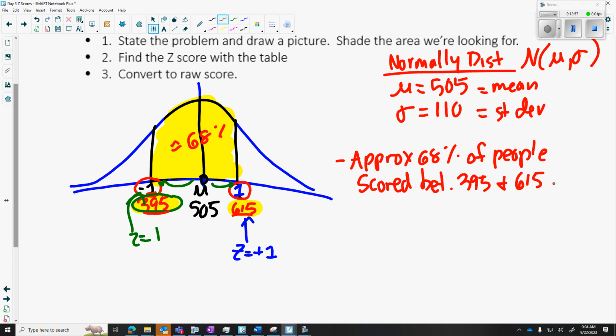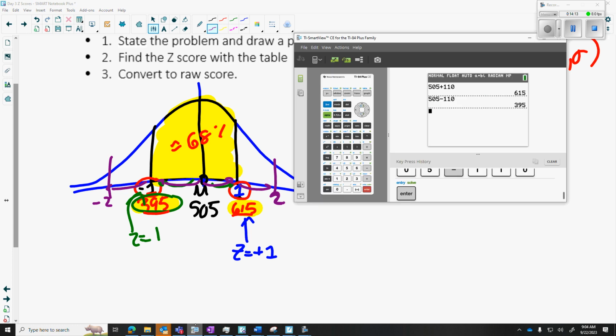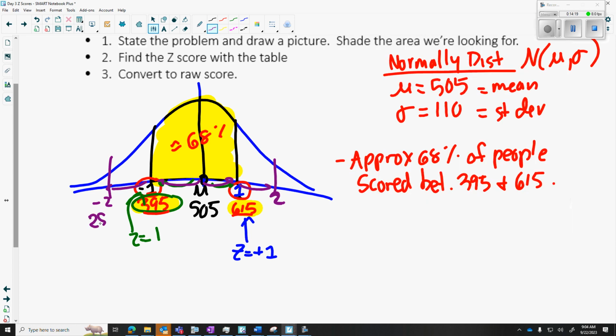Now, if I were to go another standard deviation above and below, I'm going to go 2 standard deviations above the mean and 2 standard deviations below the mean. This is going to be a z-score of positive 2 or negative 2. So I'm going to add 110 to the right, and I'm going to subtract 110 from the left. I'm going to get 285 for a z-score of negative 2.